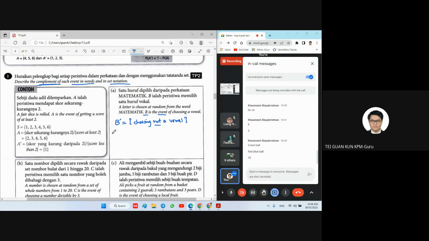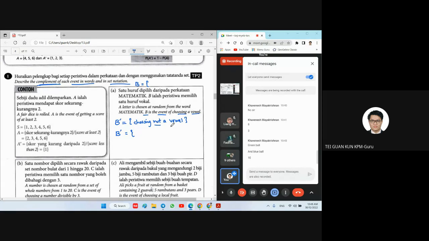So, B complement. Okay, in set notation, bukan vowel. So kalau B, kita tulis dia punya set notation, apakah jawapan dia kalau B?